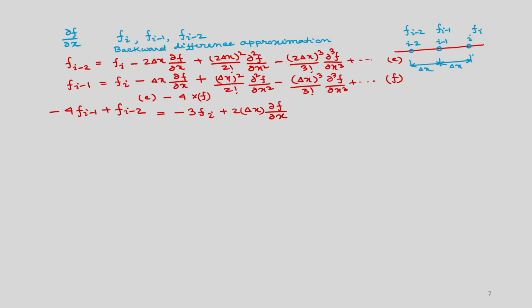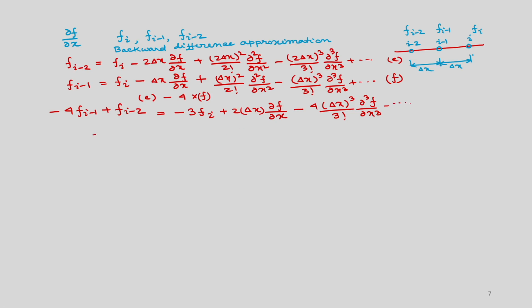You can see here the third term in the right hand side will get cancelled, because you are multiplying 4 with F and you are subtracting. So, you will get 0. Then the other term will be here. So, it will be 8 minus 8 plus 4. So, it will be minus 4 delta x cube by factorial 3 del cube f by del x cube and other terms. Okay.